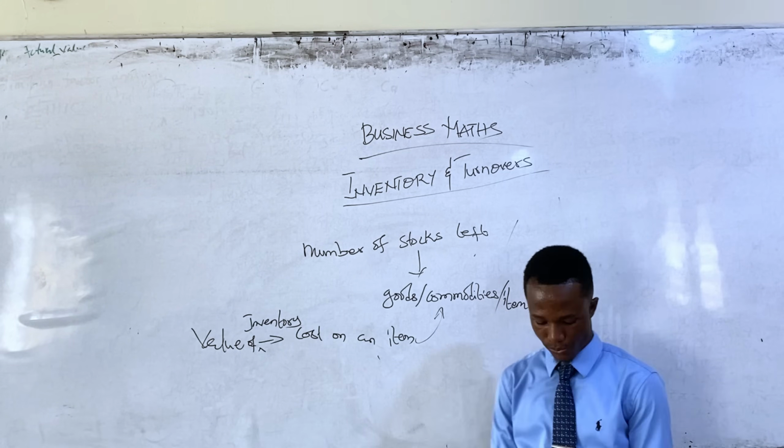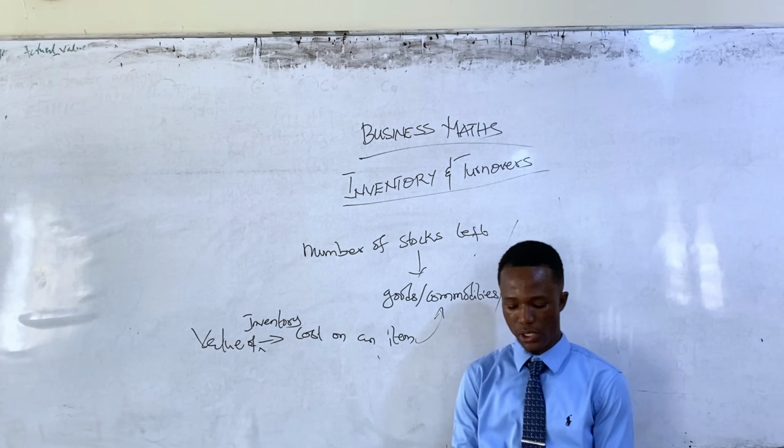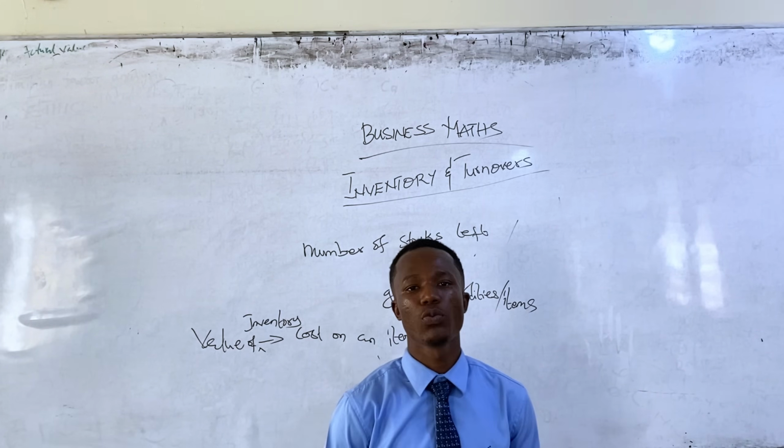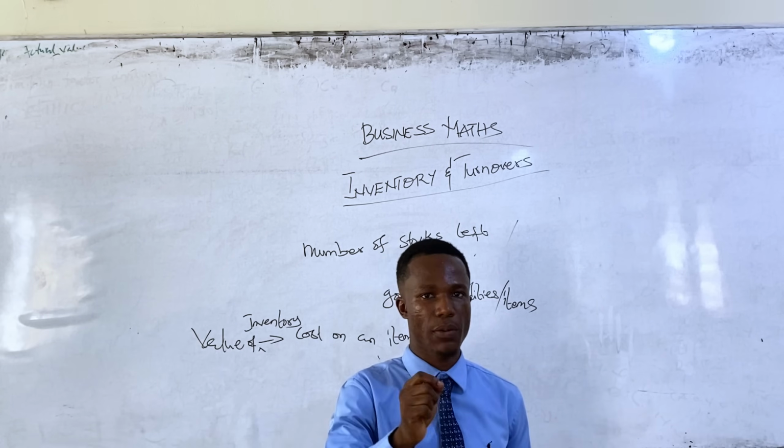Now let's move on to the next one. We have universal product codes. Most of the time, when you buy a product, you see there is a universal product code.